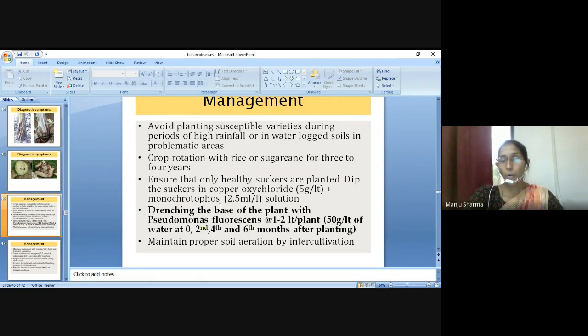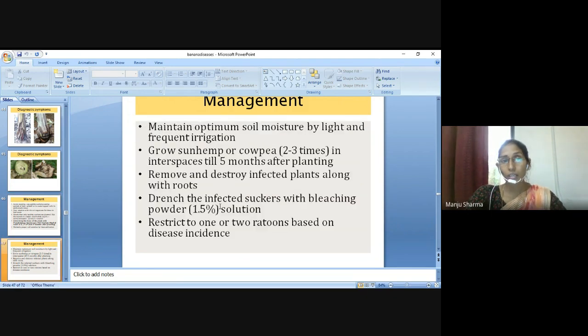Maintain proper soil aeration by intercultivation, then maintain optimum soil moisture by light and frequent irrigation. Grow sunhemp or cowpea 2 to 3 times in the interspaces till 5 months after planting. Then remove and destroy infected plants along with roots. Drench the infected suckers with bleaching powder 1.5% solution.